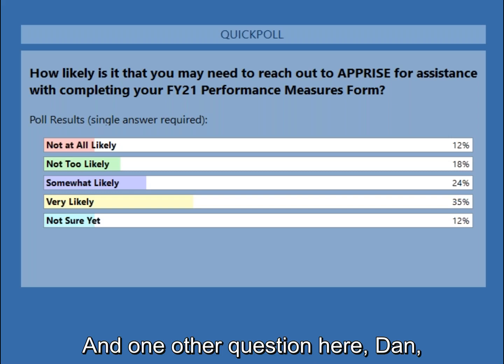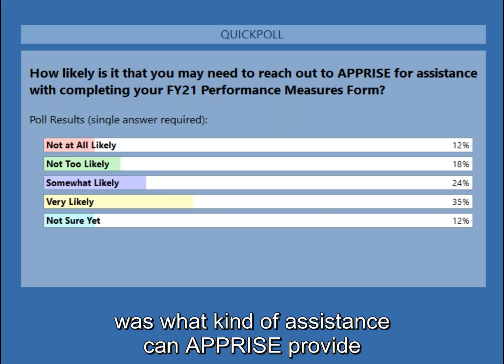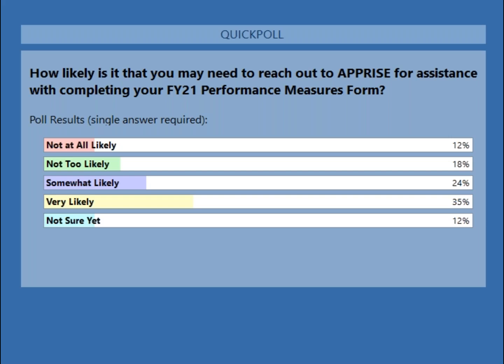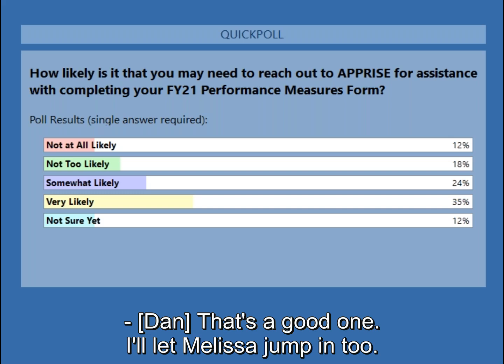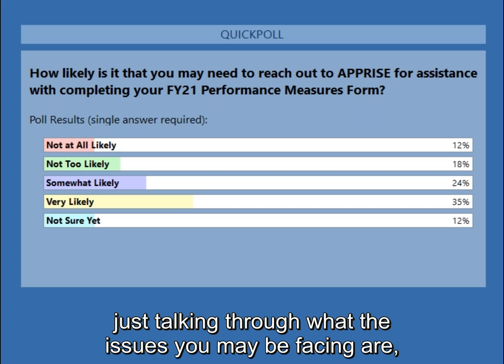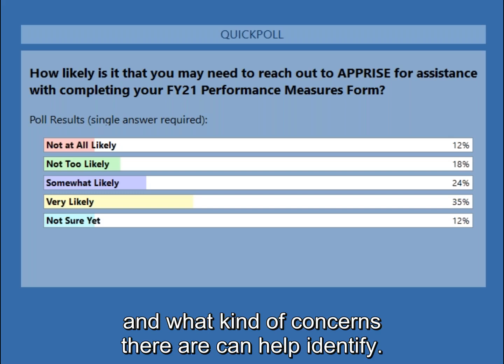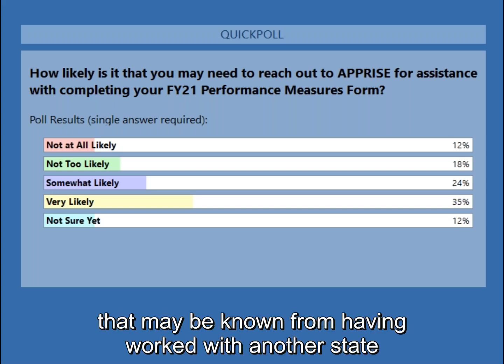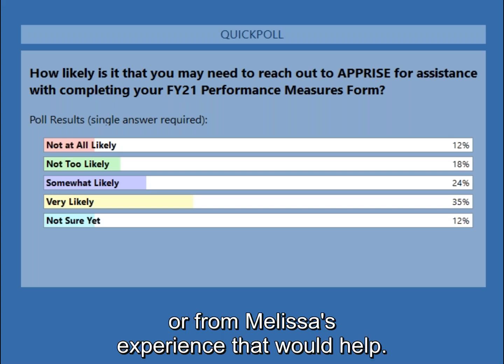Okay, and one other question here, Dan, was what kind of assistance can Apprise provide for the performance measures? That's a good one. I'll let Melissa jump in too, but I think the first thing is sometimes just talking through what the issues you may be facing are and what kind of concerns there are can help identify maybe there's a simple approach or a simple solution that may be known from having worked with another state or from Melissa's experience that would help.